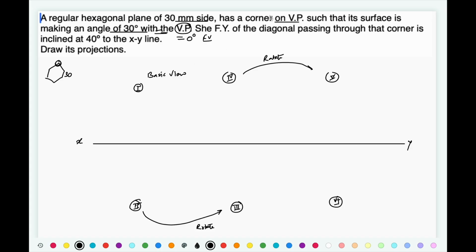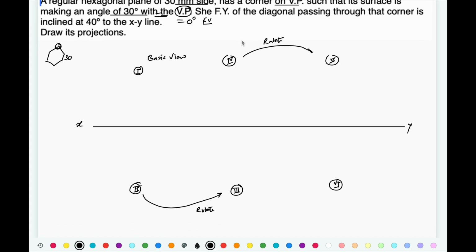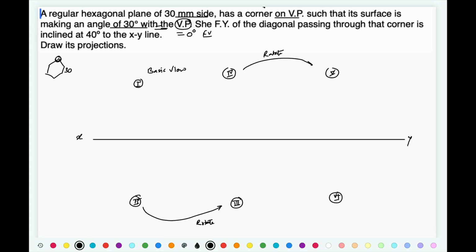Now resting reference is a corner, so when you draw its view, we are supposed to keep the corner at the left.